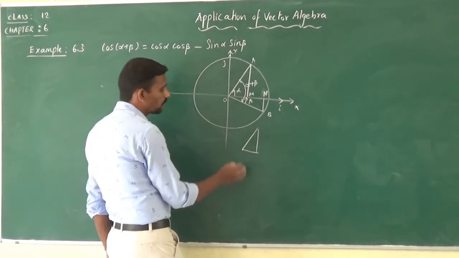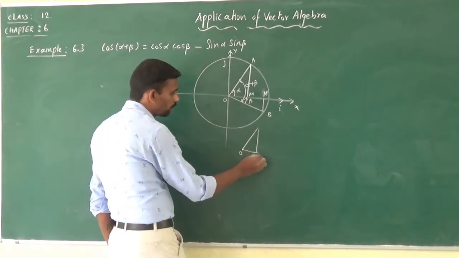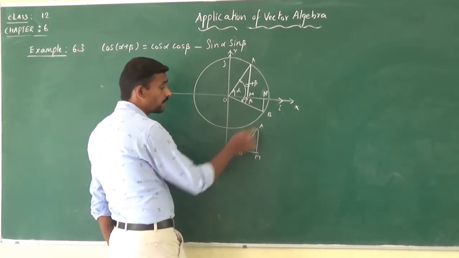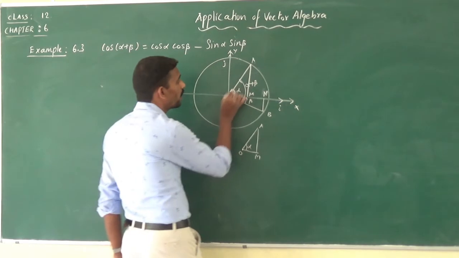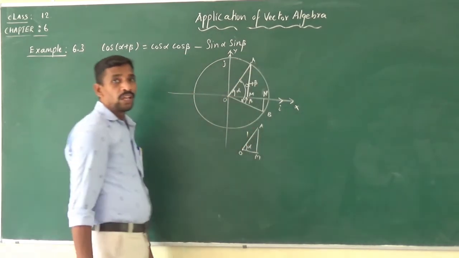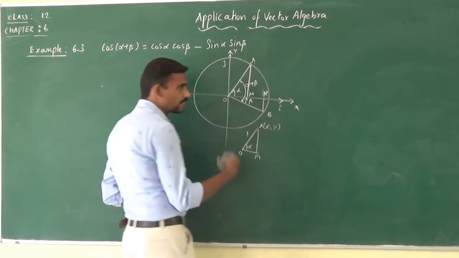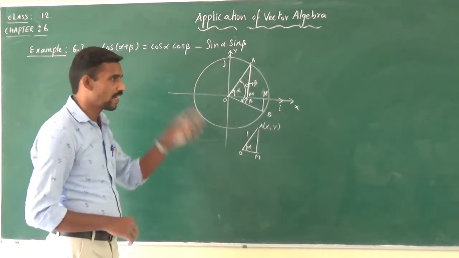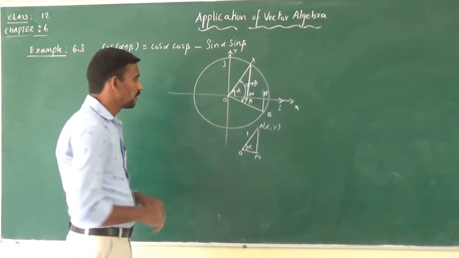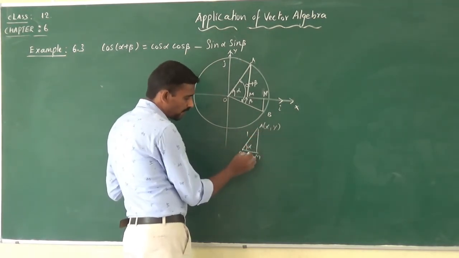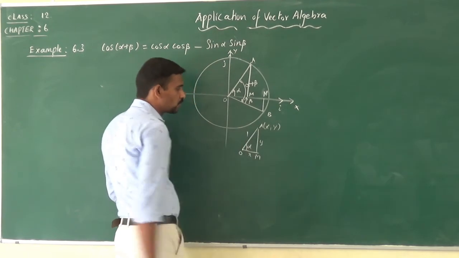This is triangle OMA, so this angle is alpha. This is the unit circle, so OA, the radius, should be 1. Any point can be marked as x comma y in the coordinate system, in coordinate geometry. So now this is x comma y, and this distance should be y.